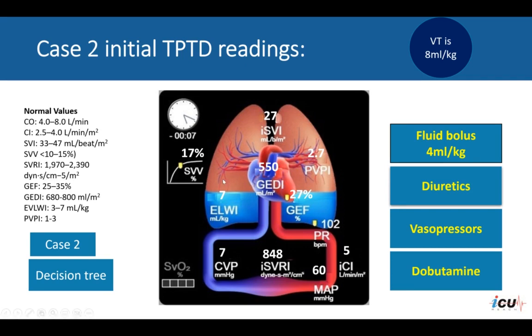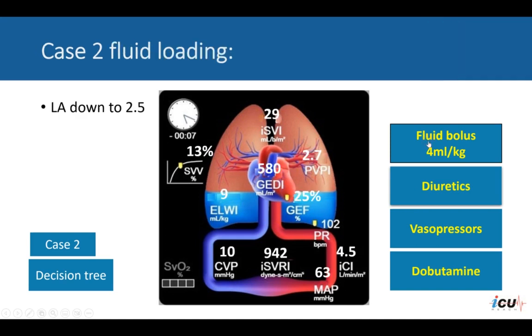So now let's take a look on the extravascular lung water. It is 7. So meaning that, well, this patient can tolerate given fluid. And the permeability index is 2.7. We're fine at this point. So what are we going to do? Clearly this patient needs fluid bolus.